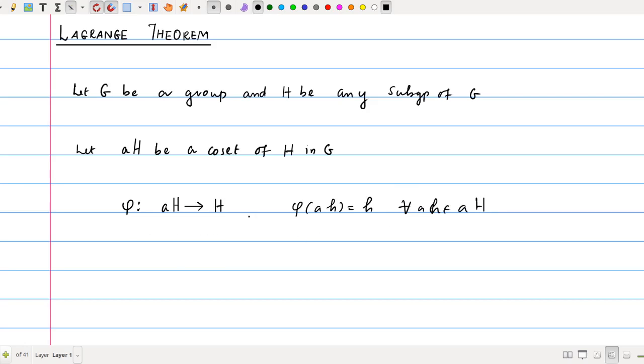Now you can easily prove that this is a one-one onto function. As a consequence, we can say that aH and H have the same cardinality.